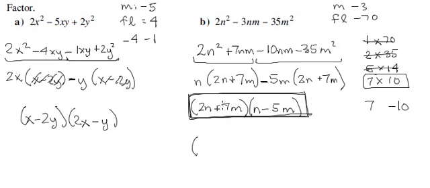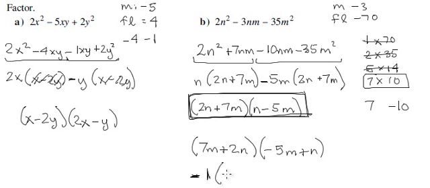Your alternative is flip this first term around, 7m plus 2n. You flip this term around, now something bad happens here. You get minus 5m plus n. And this leading coefficient being negative is not a good thing, so the way you fix that is you factor out a negative 1. And now you've got the 7m plus 2n is unchanged.